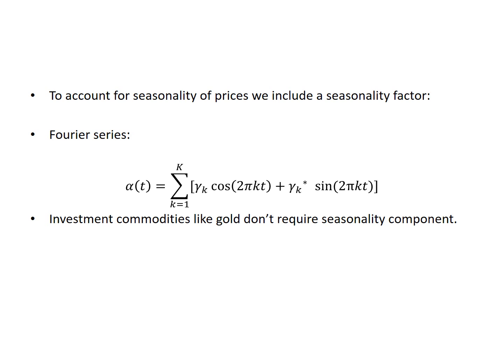I think the Schwartz-Smith model defines the stochastic factors differently, and it incorporates seasonality a bit better. I've seen in many research papers that they use the Schwartz-Smith model to model seasonality more so than the Schwartz-Gibson model. Investment commodities like gold don't really require seasonality components.